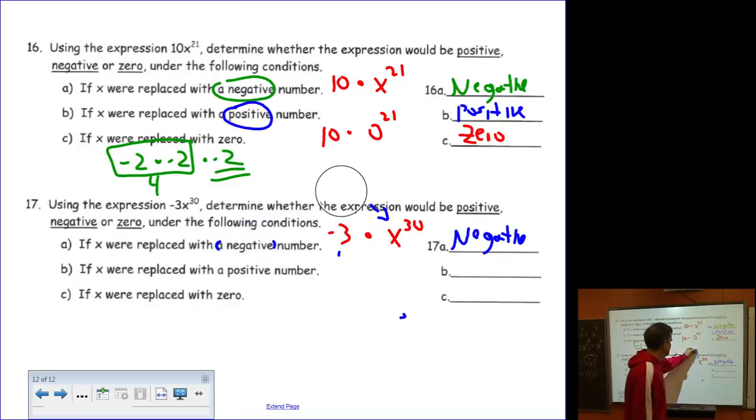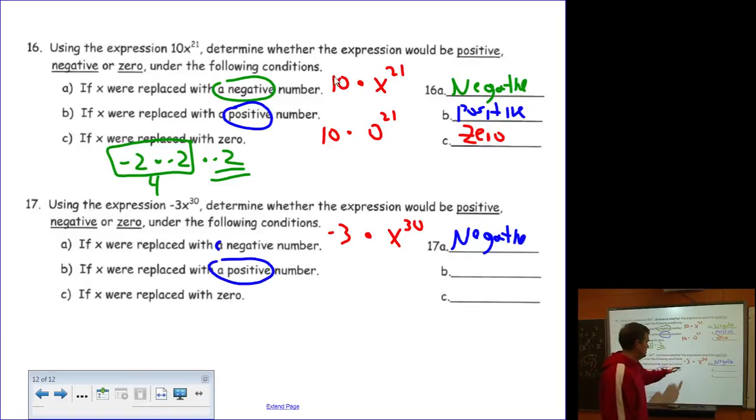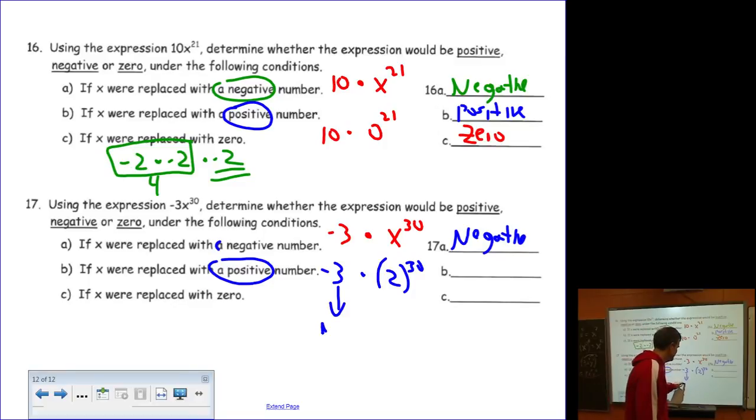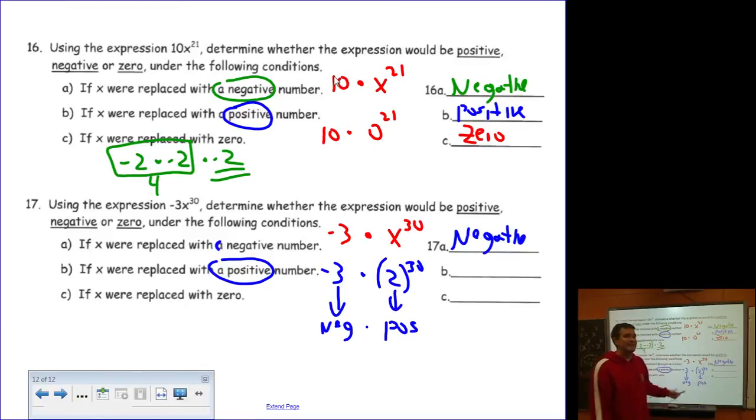How about if you put a positive number in place of the x? If I put a positive number in place of the x, like 2, positive numbers, of course, stay positive. So this number is going to be negative, because negative 3 is negative. But 2 to the 30th is going to be positive, and a negative times a positive is negative.